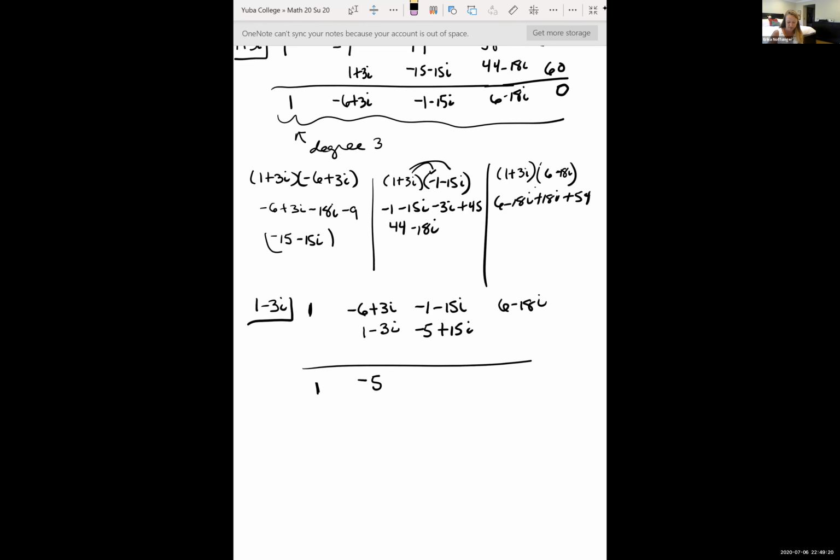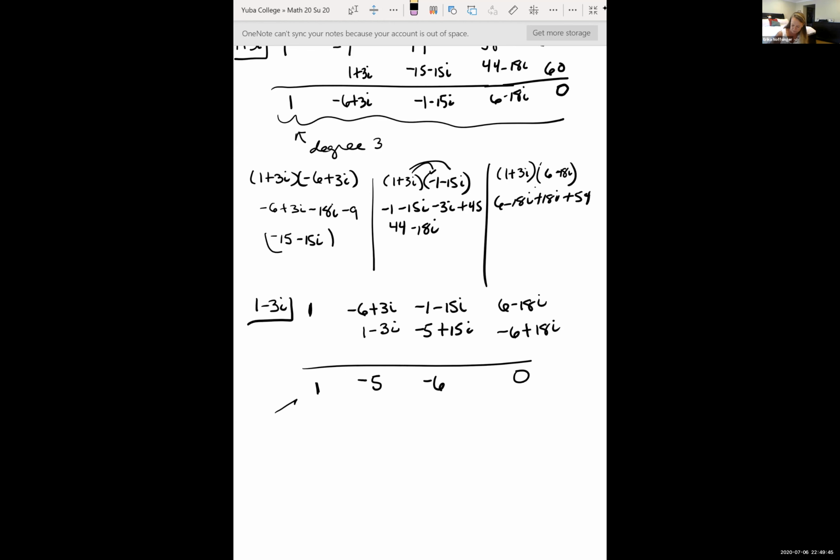Now when we sum this, the real part, negative 1 minus 5, that's negative 6. Negative 15i plus 15i cancels. Distribute our negative 6: times 1 is negative 6. Negative 6 times negative 3i, that's positive 18i, which is what I wanted. This is 0.